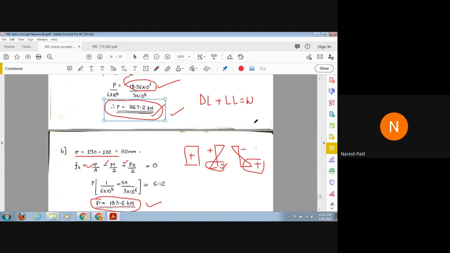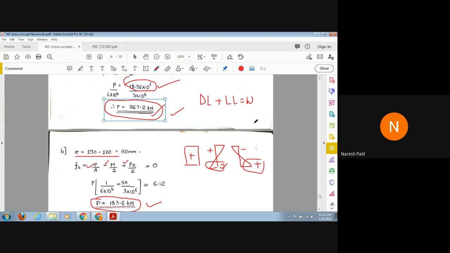Are you understanding? There is a beam, and on top of it there is a load W, which we have to balance. To balance that load W, we have to provide the cable in the section.